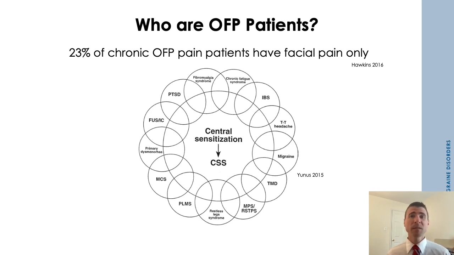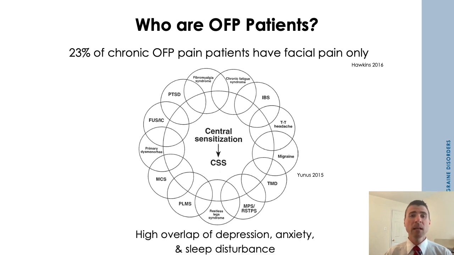And basically all we're seeing here in the middle of the circle is something called central sensitization. So in short, your central nervous system has become hypersensitive for one or many reasons, and now that's starting to be expressed in pain in different areas, including the face and or the head. So I want to make sure I'm assessing patients for pain in other areas. Additionally, TMDs and headache, as I'm sure you're well aware of, have a high overlap of depression, anxiety, and sleep disturbance.